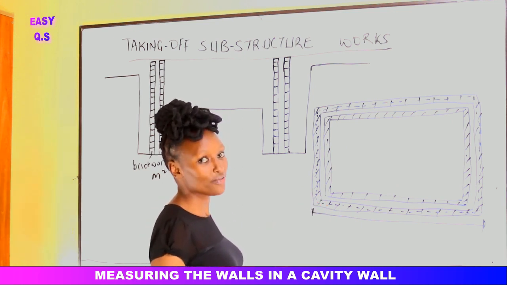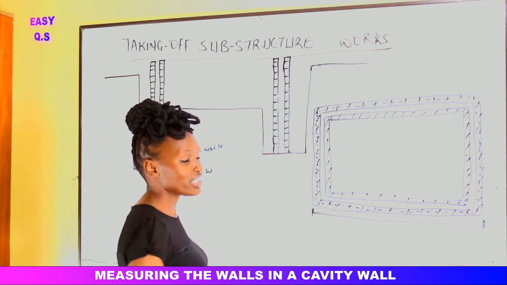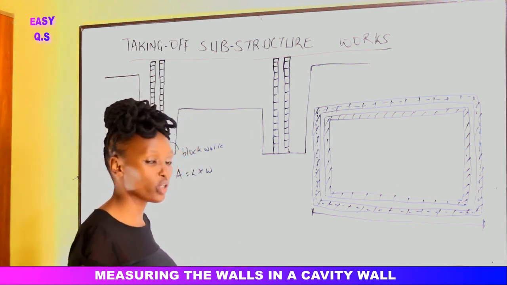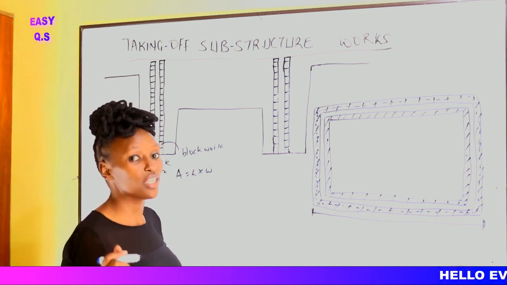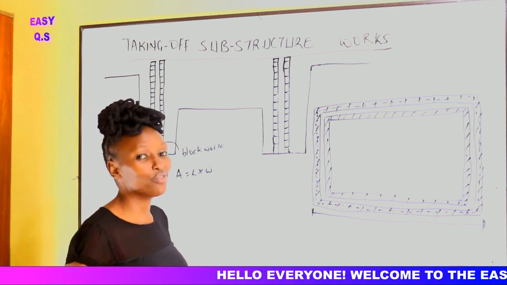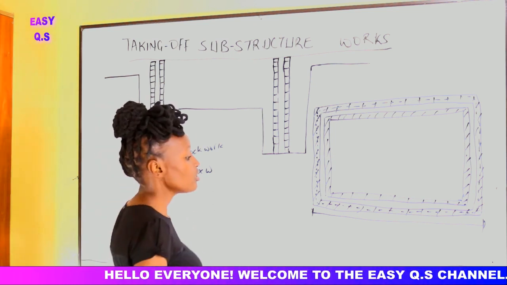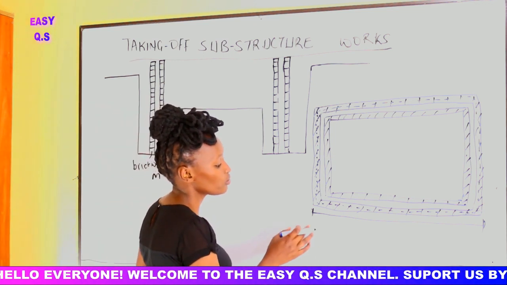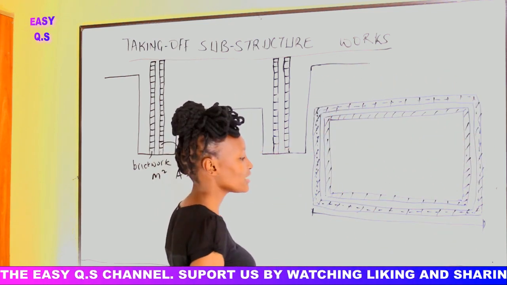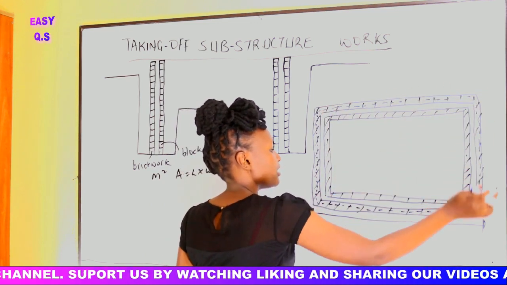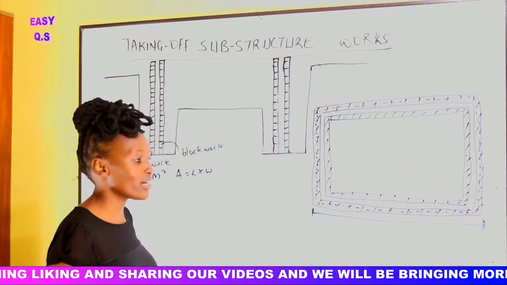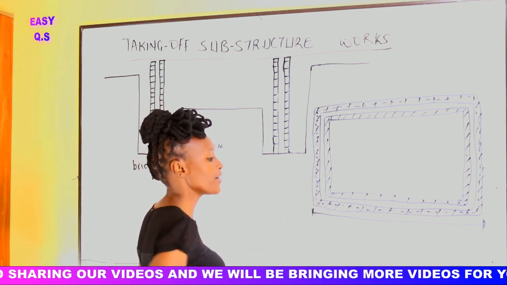If you haven't seen our video on calculating the center line, you need to check it out, and we shall pin it in the description box so that you can see how we do the center line calculation and practice it, because in taking off we need center line calculations. So in simple terms, we shall take the external perimeter of the building, we deduct number of corners times the thickness of the brickwork. So you get the center line of the brickwork.